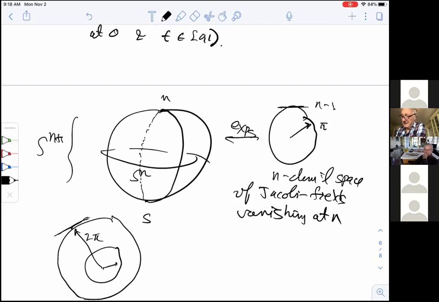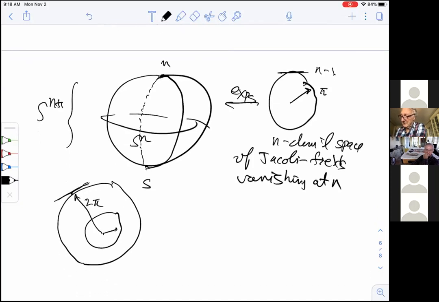And therefore, if you take the next geodesic, you start here, you cross N, you get an n-dimensional space, you cross S, you get a second n-dimensional space, you come back to N, and you don't count the ones vanishing at N, since it's only the ones that vanish before the endpoint.